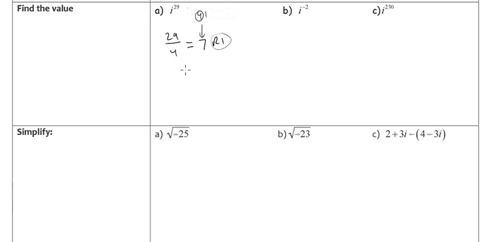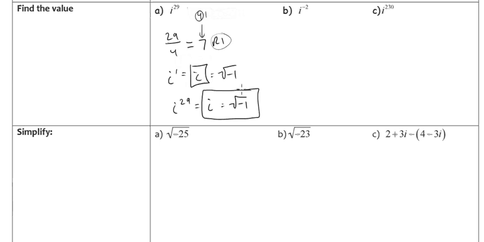We're left with remainder 1 though, so that is going to be i to the first power, which is just i, or the square root of -1. Maybe we should write that a little more formally: i to the 29th equals i, and is also equal to the square root of -1. Both those are pretty good there.